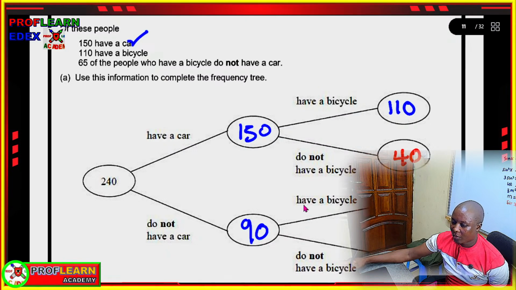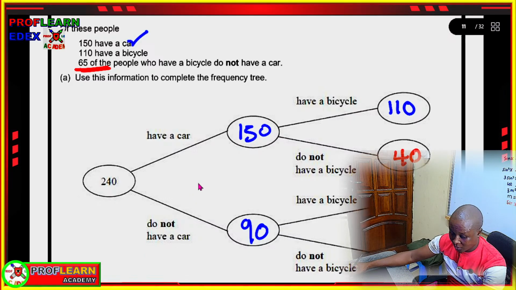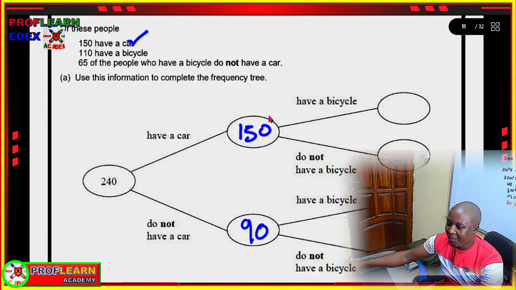So have a bicycle. 65 people do not have a bicycle, do not have a car. We need to retract back this.